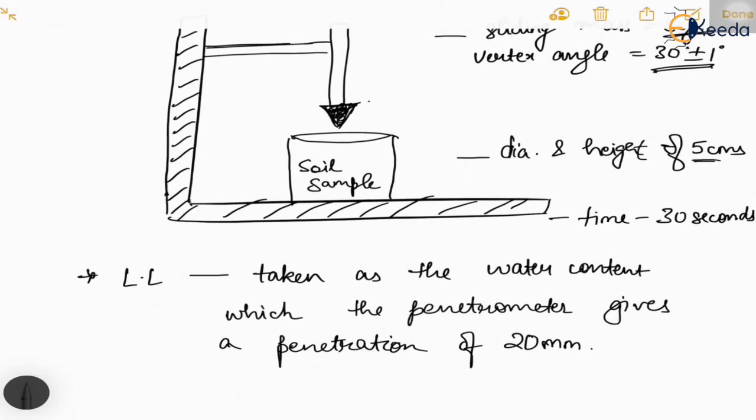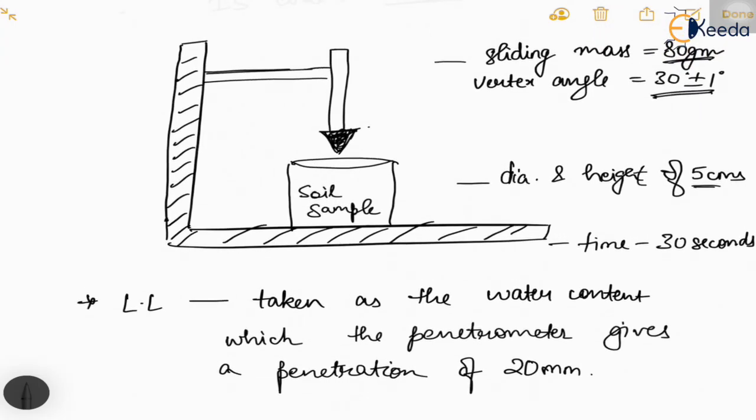And here also we have to perform multiple tests at different water contents to obtain the correspondence of 20 mm penetration under the time of 30 seconds. If we change any of these values, we will not obtain very correct results as per the Indian standard codes. Okay, so that's all for today's lecture.